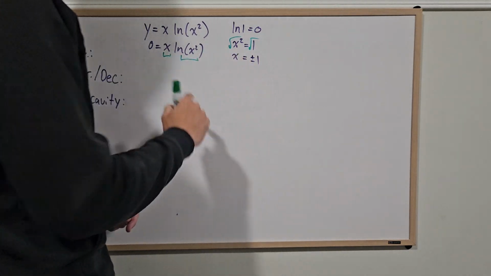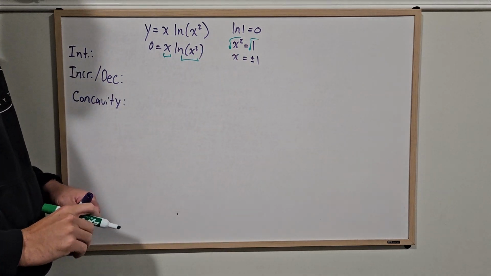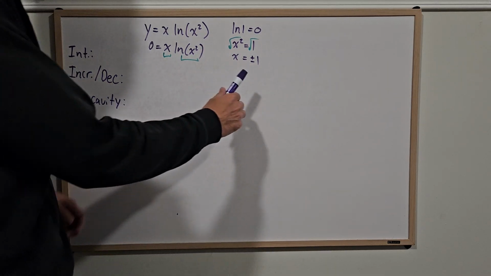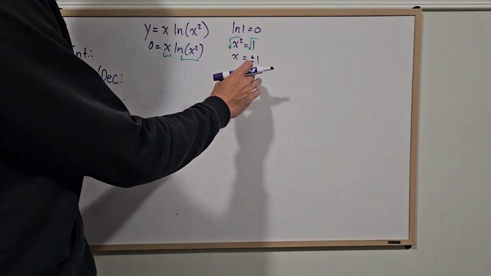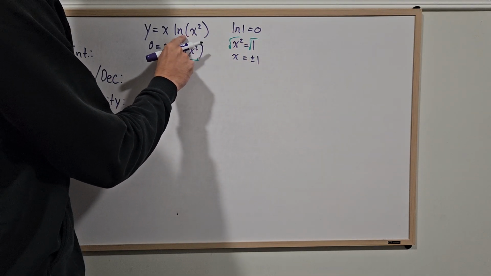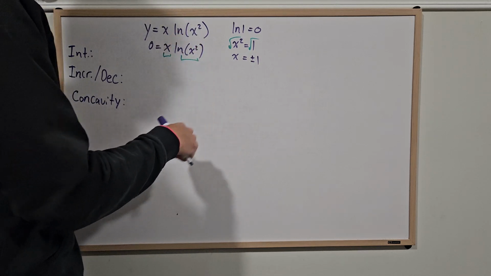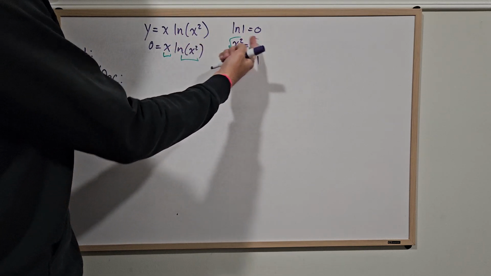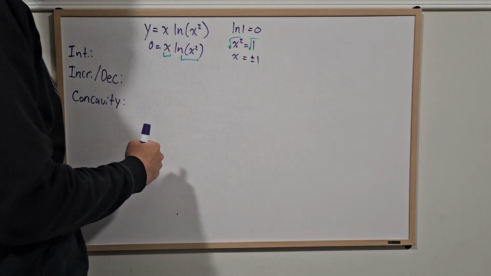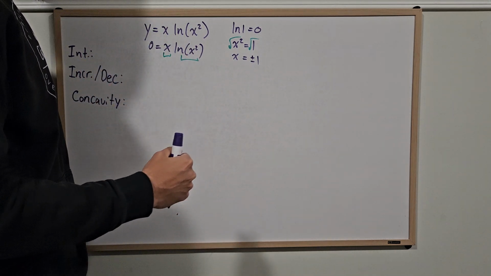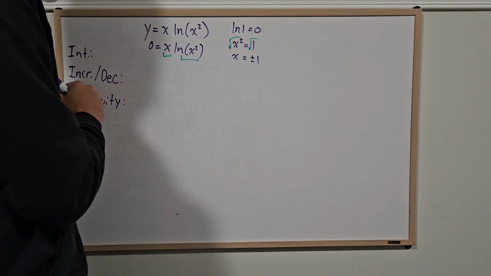When we take the square root here, we have to consider both the positive and the negative 1 value. So both of these values will give us ln of 1, because if we put in a negative 1 here, squared is going to be positive, so it's just going to be ln of 1, which is 0. The positive 1 is obviously going to give us 0 once again. That will make this whole thing 0.